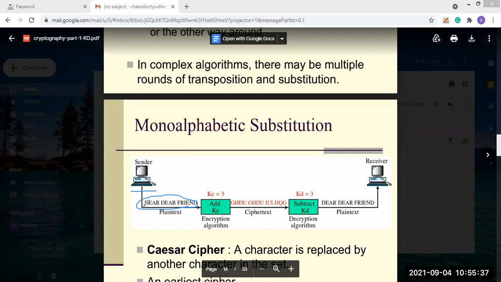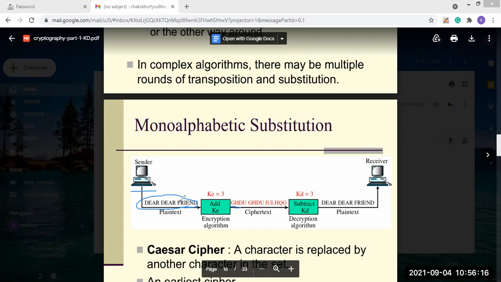So let's say all the characters present in this word will be converted by shifting by 3. What does 3 mean? After D, which character appears at the third position? After D comes E, F, G. So D is converted to G. For E, by the third position, E, F, G, H, so it becomes H. Like this, for dear friend, we replace the characters by the third position.